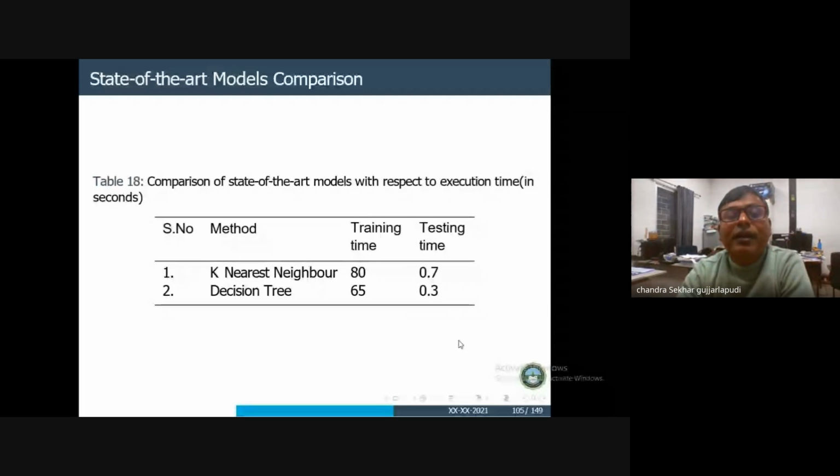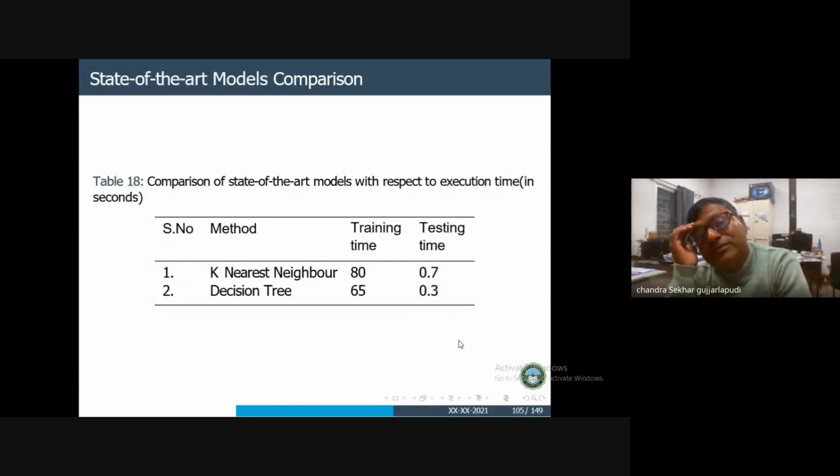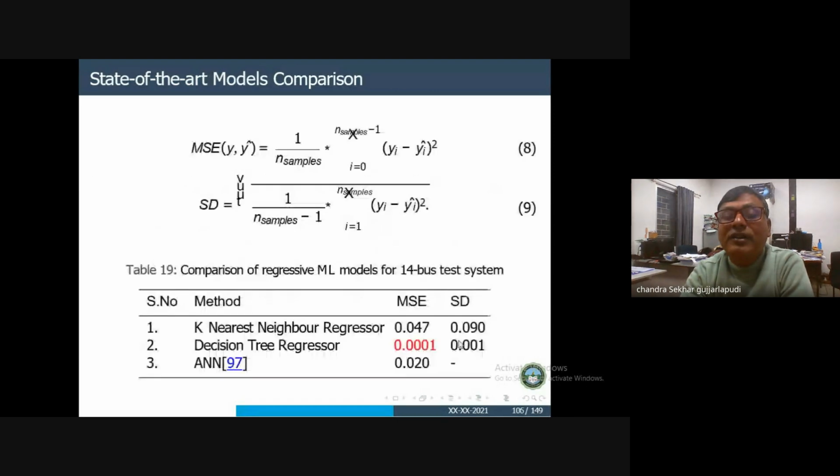Finally, we have seen that the training time is also an important part. For k nearest neighbor it takes 80 seconds, and decision tree takes 65 seconds. For testing time, it takes 0.7 for KNN and 0.3 for decision tree.